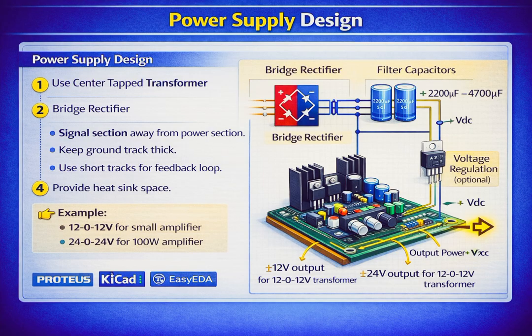In some designs, voltage regulation circuits may also be used. Examples of power supply configurations include 12-0-12 volts for small amplifiers, 24-0-24 volts for 100 watt amplifiers. A clean power supply helps reduce noise and distortion.